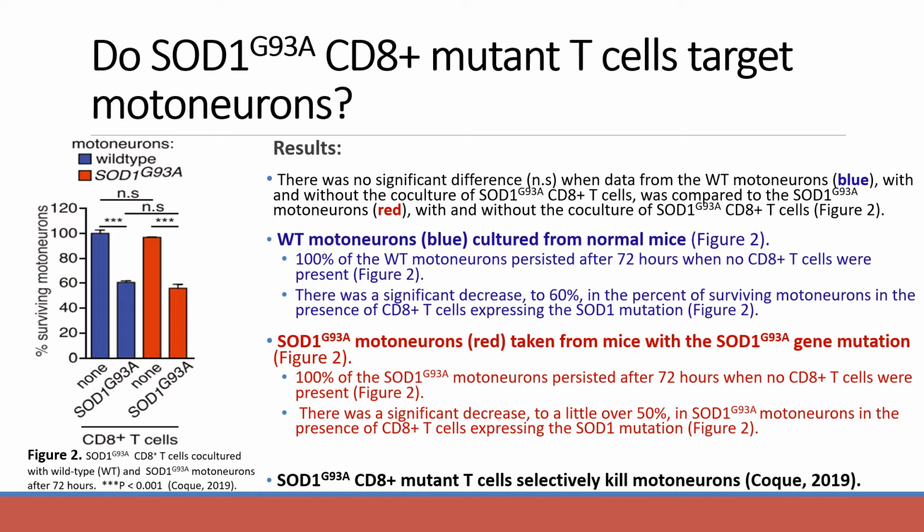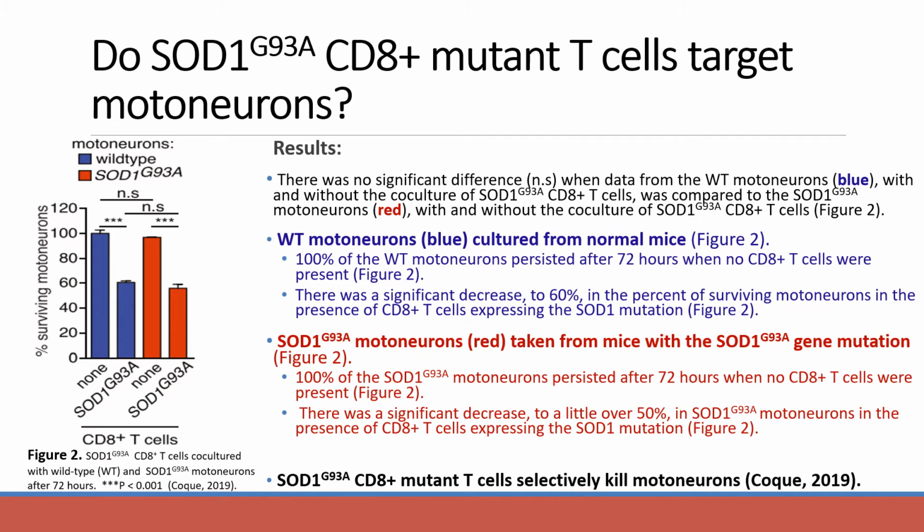So pretty much what it's saying is, regardless of whether or not mutant CD8 T cells are present, when you're comparing wild type motor neurons, which are normal functioning, and SOD1 mutant motor neurons, there's really no significant difference in those data sets, comparing the blue to the red.